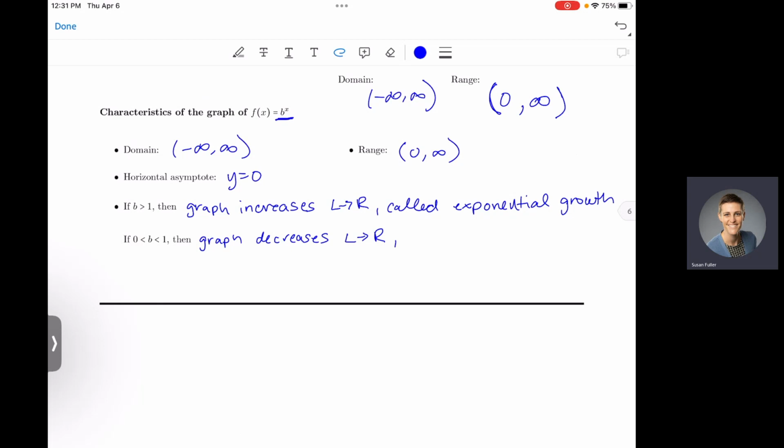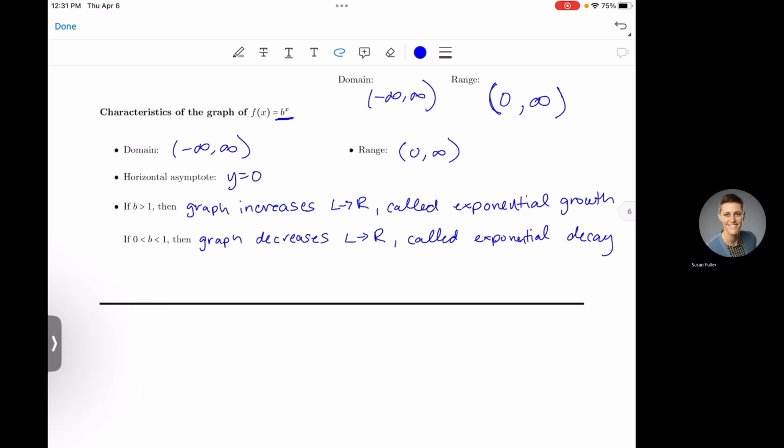So our graph is going to decrease from left to right, and we call this exponential decay. Exponential, let me see if I can spell that. Decay, sorry. Okay, so those are our basic graphs of exponential functions.